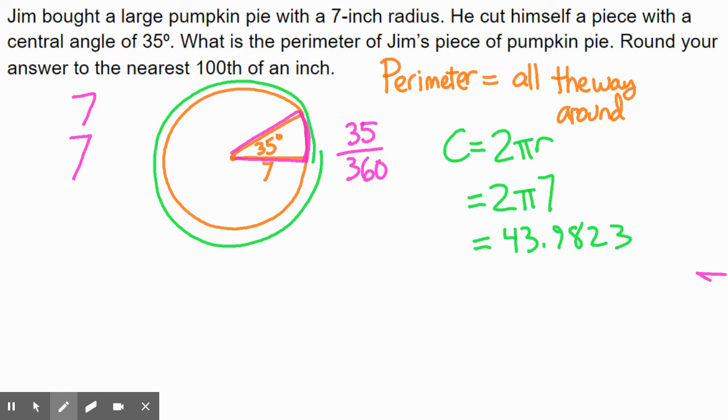So now what we need to do is, I'm going to change colors again, I think. But we don't need the whole circumference, do we? We only need 35 360ths of it.